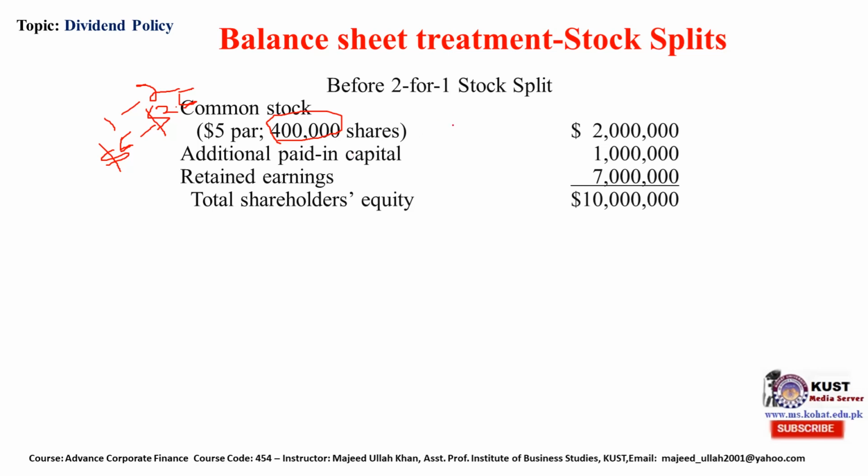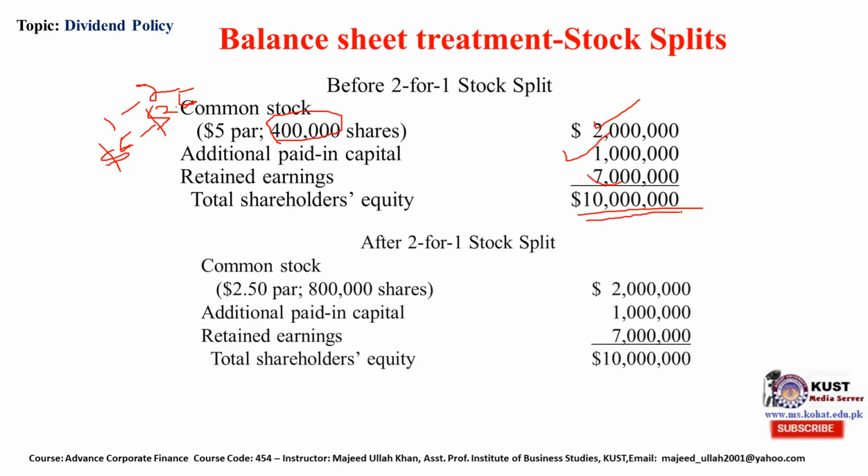So before the 2 for 1 stock split, we have 2 million common stock, that is 400,000 shares multiplied by $5 par value. Additional capital is 1 million and retained earnings is 7 million. Total is 10 million shareholder equity.